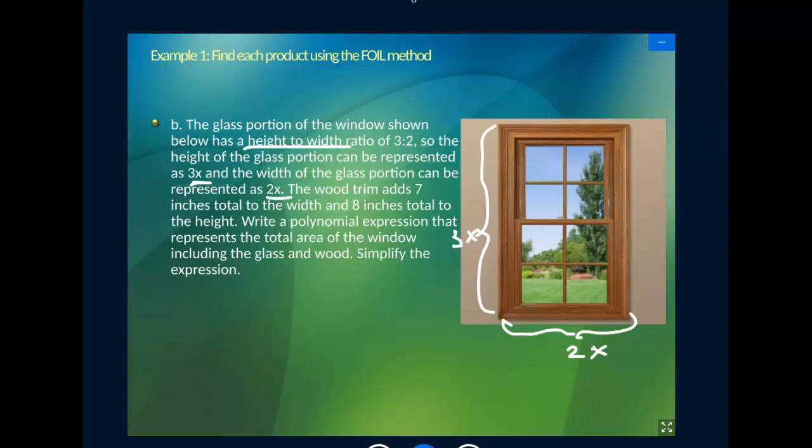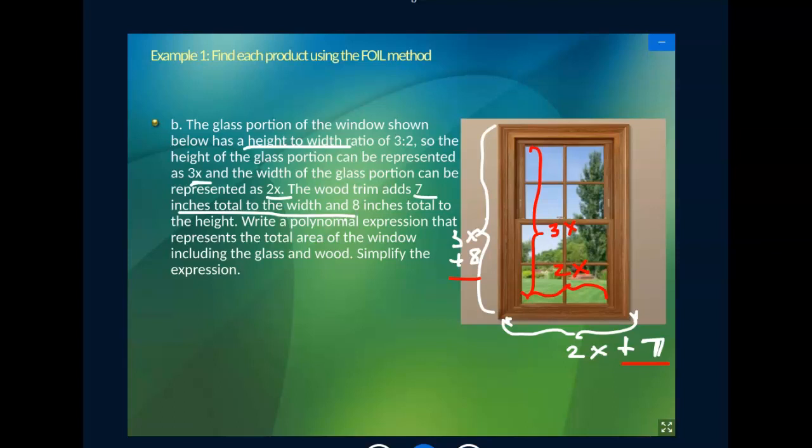And then it says the wood trim adds 7 inches to the width. So remember, the width is the 2x. So the wood trim adds 7 inches to that, and 8 inches to the height. So that 3x has to add 8 inches to the height. So the inner part of the window is just the 3x and the 2x, and then the outside adds that 7 and the 8.